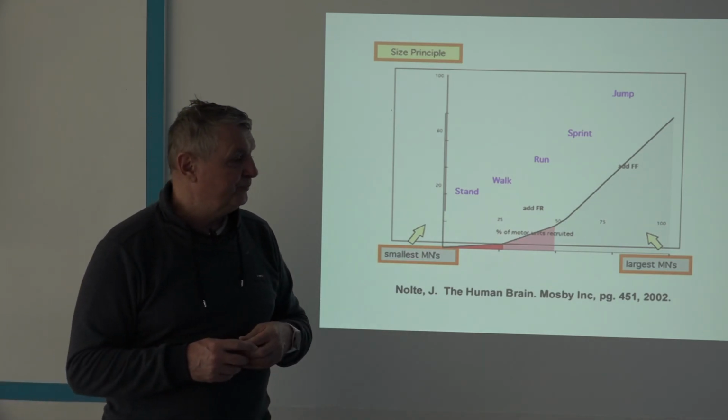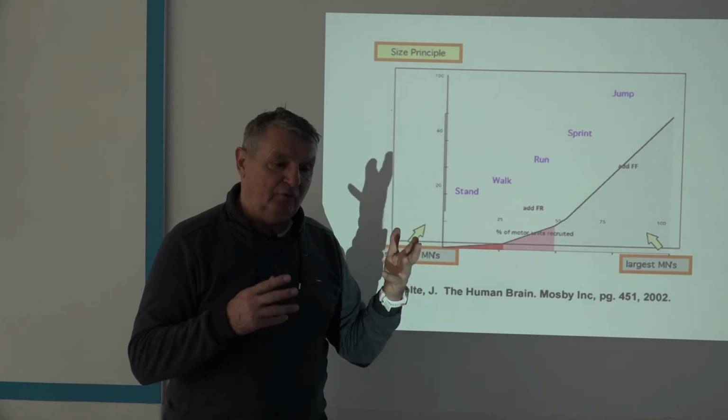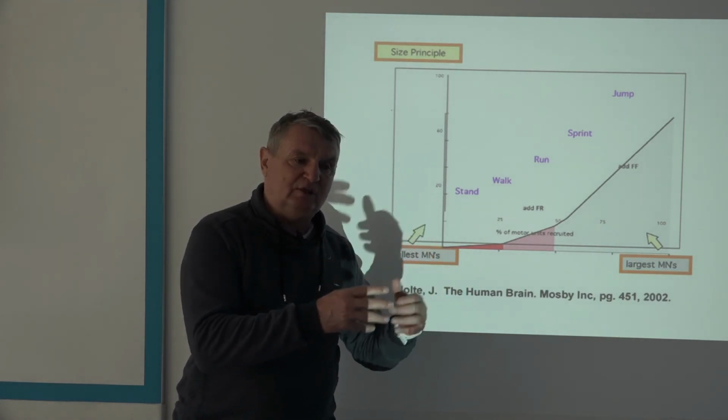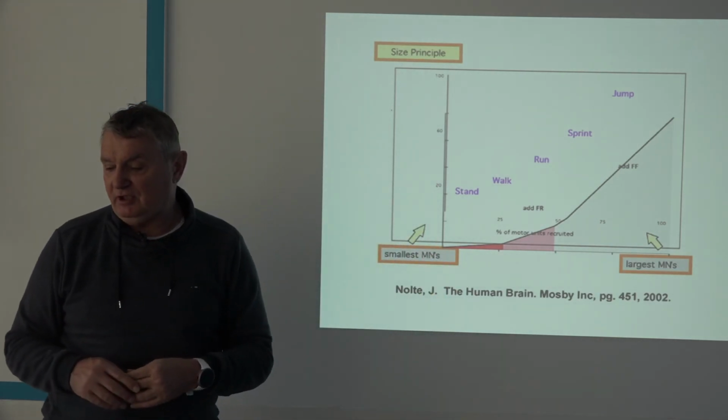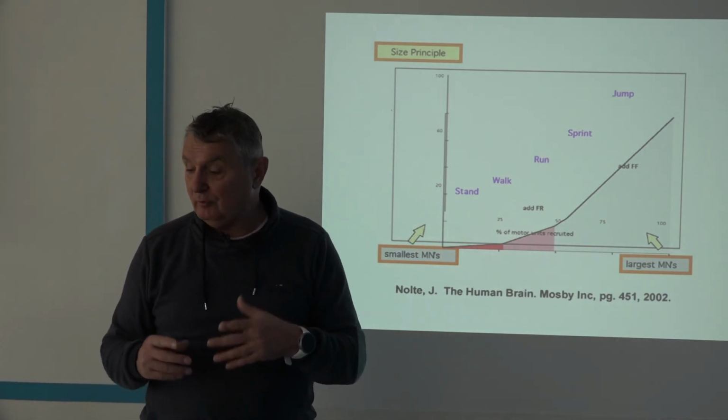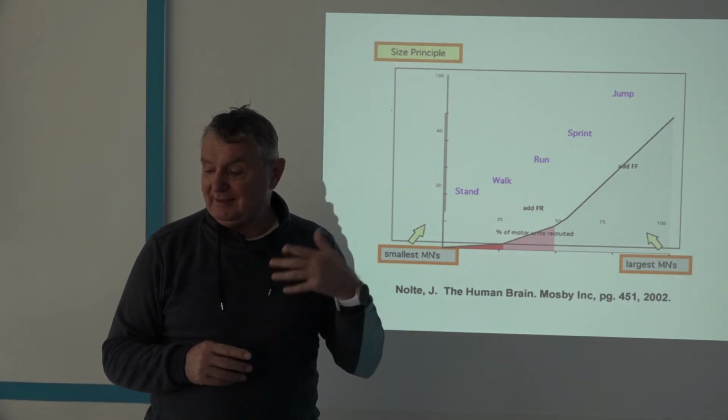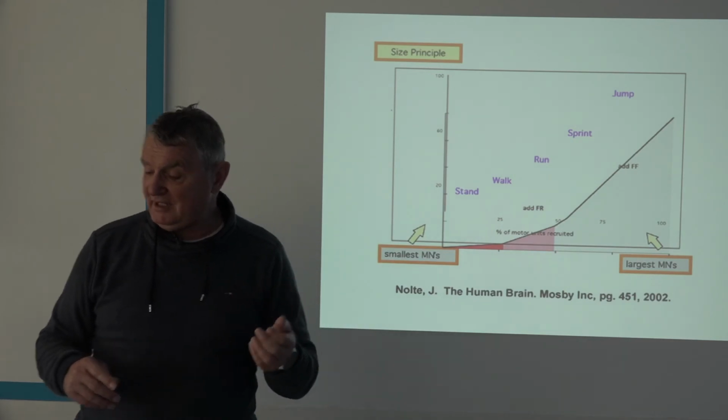So if you are a hammer thrower, you have to focus more on maximal strength, and if you are a javelin thrower, you probably have to focus more on maximal speed, as an example.